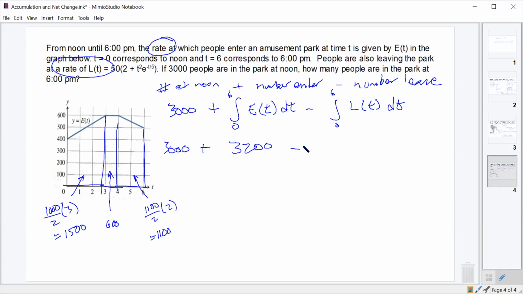Anybody? 2,106.411. All right, and so if we add those and subtract that, we'll say that if a person hasn't fully left the park, we'll just say that person hasn't left because we're talking people here. We're not going to have fractional people. So what does that come out to be? Looks like 6,200 minus 2,106. What should that be? 4,094.